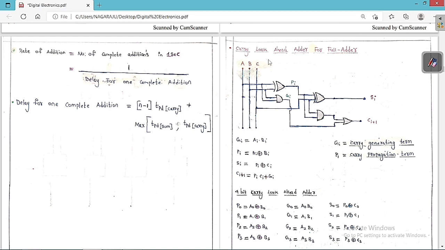Now we are going to study another new concept, which is called the carry look ahead adder for the full adder.